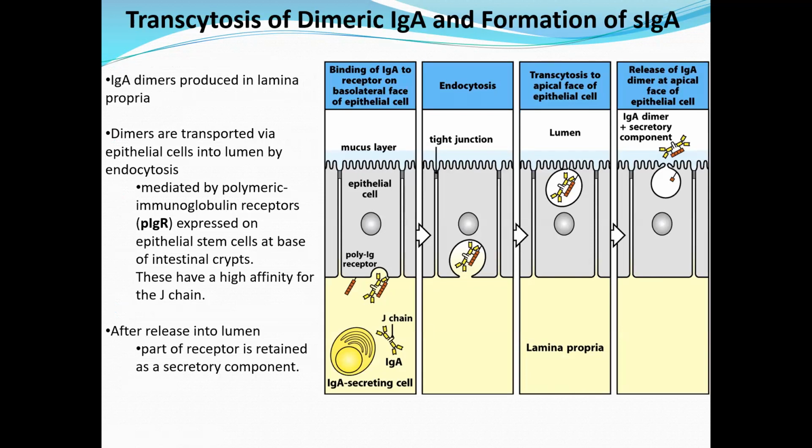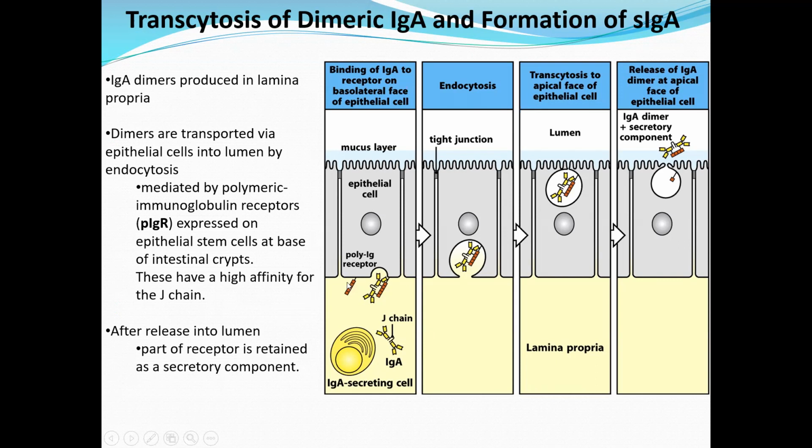So again, just like IgG, IgA can transcytose from the basolateral part of the epithelial barrier to the luminal side. And it does it through this other receptor known as the poly-Ig receptor.